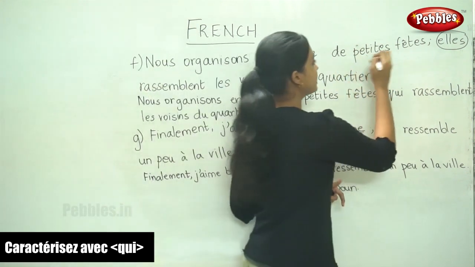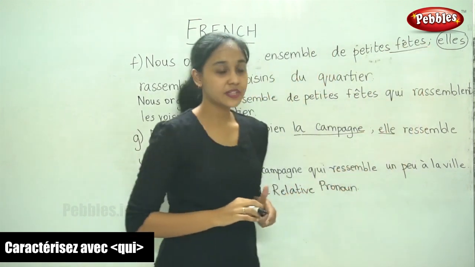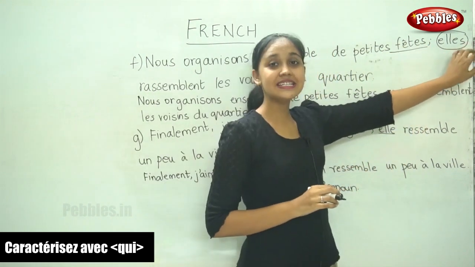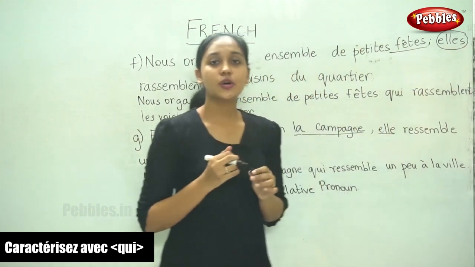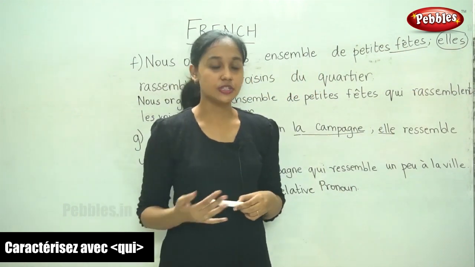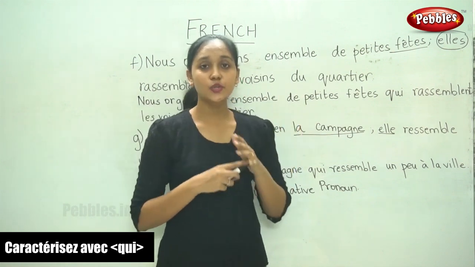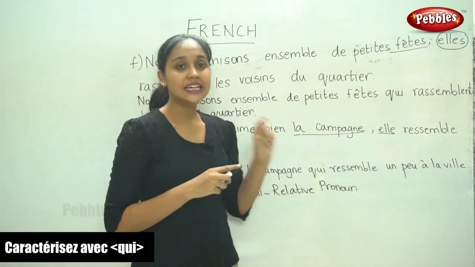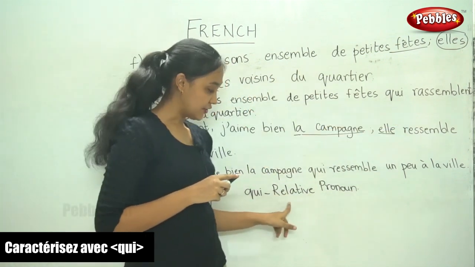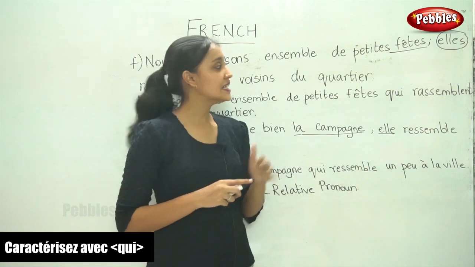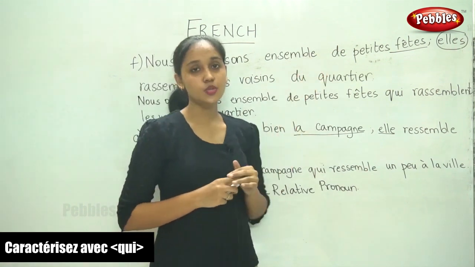Now, the noun here is fête. And the next subject is elle, which also represents fête. So, again, there is a repetition. So, when there is a repetition, we use a pronoun. In this case, we use the pronoun qui, a relative pronoun, because it relates these two sentences.